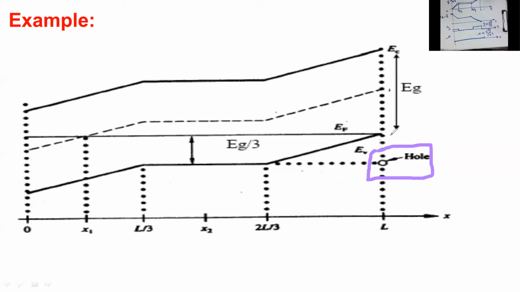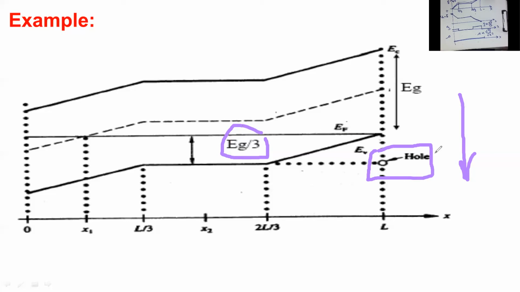So this hole has an energy equal to E_V, and then it has an overall energy E_V plus E_G over 3. Why is it a plus, not a minus? Yes, it's a plus because the energy of holes increases by going downwards. So this energy is higher than the valence energy by a value called E_G.